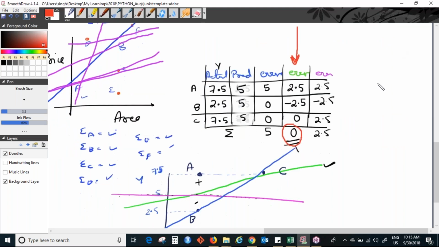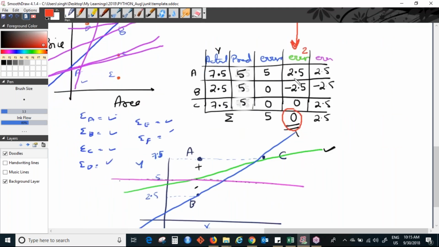Okay, now let us take the square instead of the error. So 2.5 whole squared, we will get 6.25, right? 2.5 into 2.5, we will get 6.25. Similarly here also.